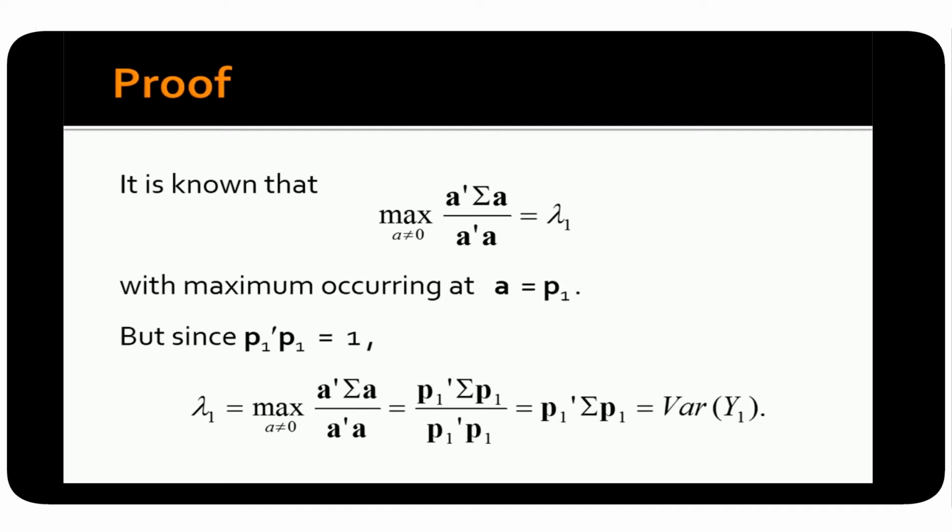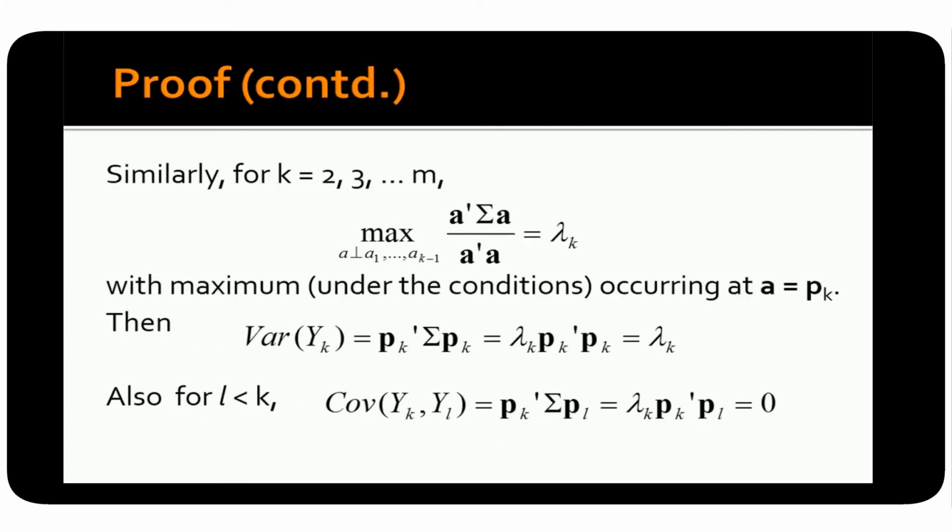So, this is p1 prime sigma p1, and recall that the variance of y1 is given by a prime sigma a, and in this case a is replaced by p1. So, we get the variance as the maximum value, and that is equal to lambda 1. The first principal component has the largest variance, which is equal to the largest eigenvalue, and the combination is given by p1 prime x. So, your y1 is p1 prime x.